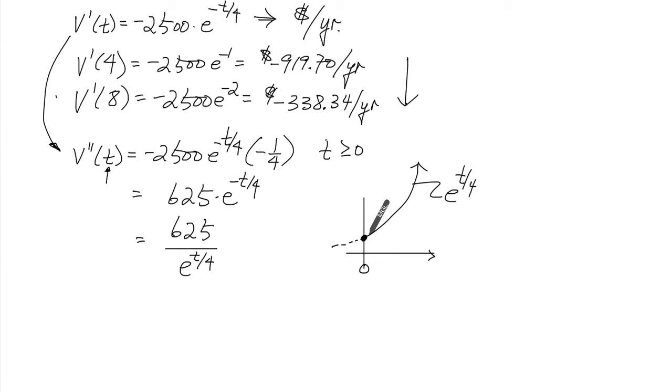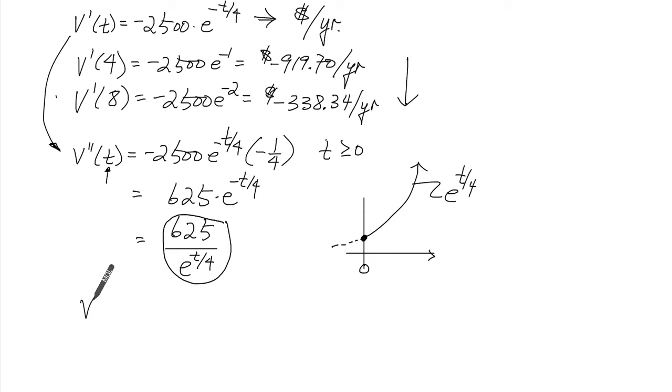As t gets bigger and bigger, this denominator gets bigger and bigger. And as the denominator gets bigger and bigger, the second derivative becomes smaller and smaller. So this particular value is at its maximum when t is equal to 0.